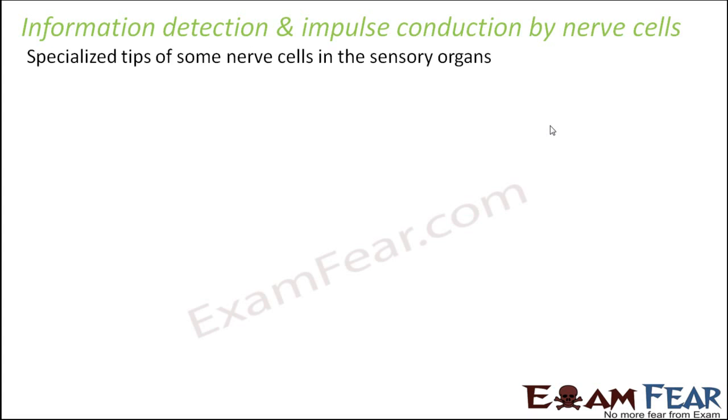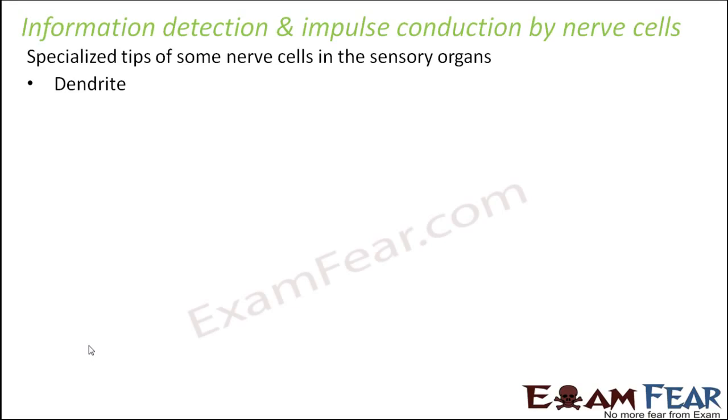There are specialized tips of some nerve cells in the sensory organs. When I say sensory organs, I am talking about eyes, ears, nose. There also nerve cells are present, and some of those cells have specialized tips.